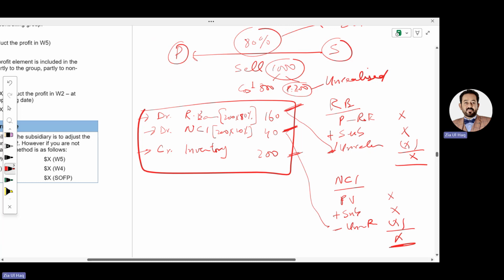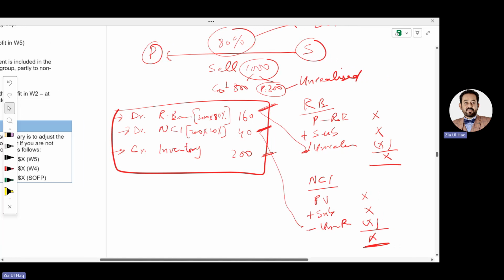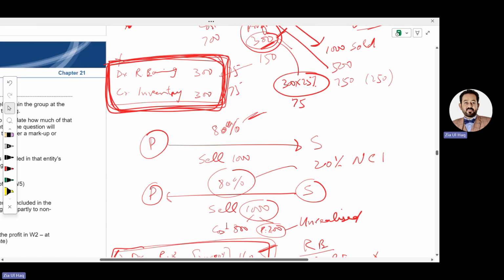Can you understand this concept? We need to incorporate non-controlling interest in the unrealized profit accounting entry when subsidiary sold goods to parent company. If parent sold goods to subsidiary, we don't need to incorporate non-controlling interest because the profit is available in parent company.